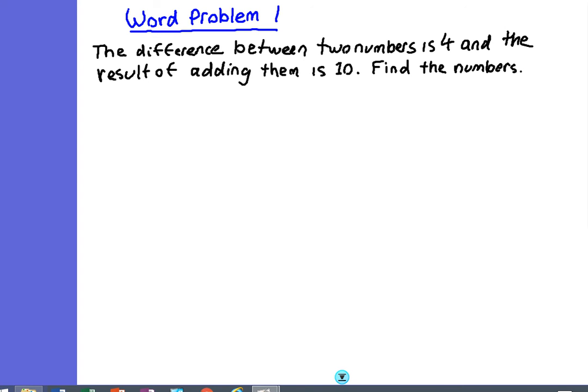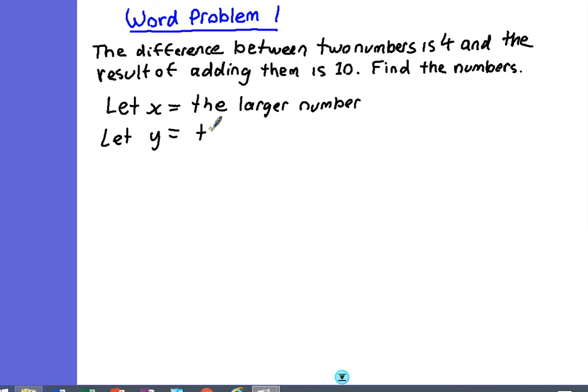So here we have a problem. The difference between two numbers is 4 and the result of adding the two numbers is 10. Find the numbers. The first step, as we saw on the last slide, is to define the two pronumerals. So we write: let x equal the larger number and let y be the smaller number.